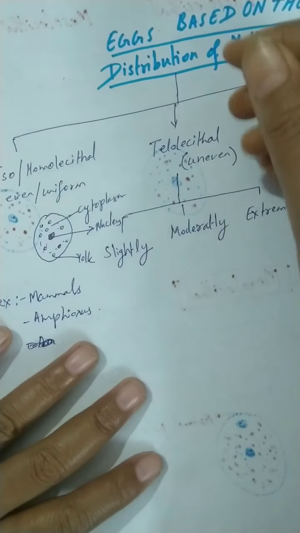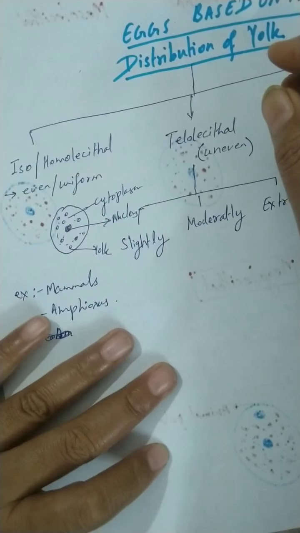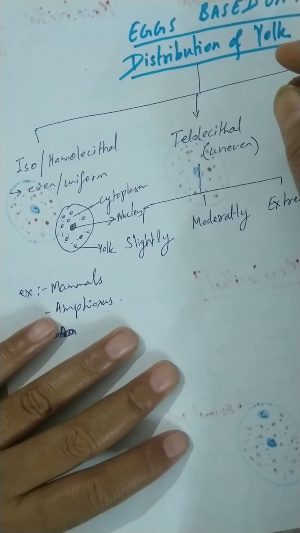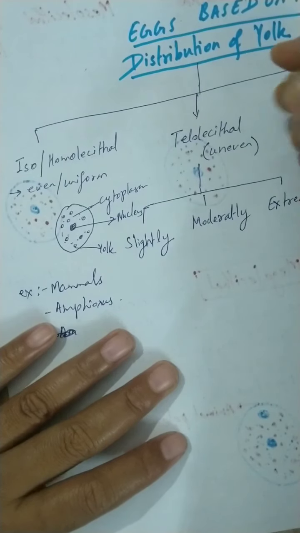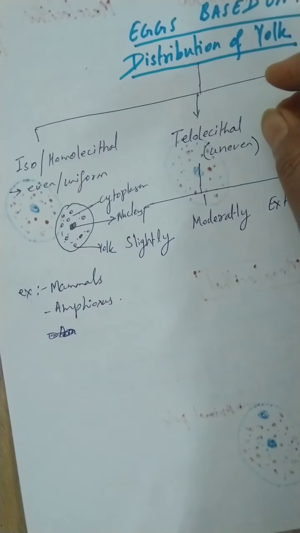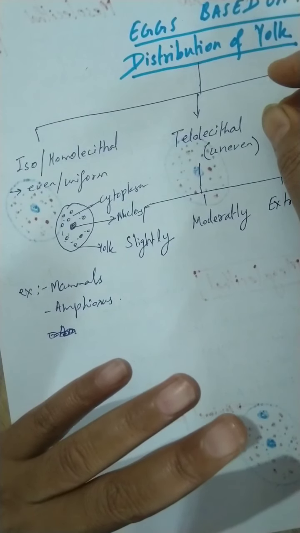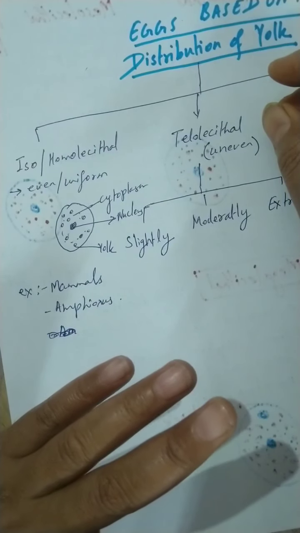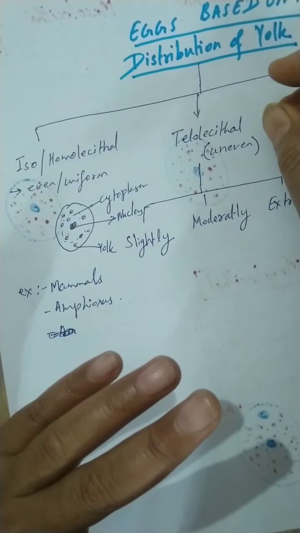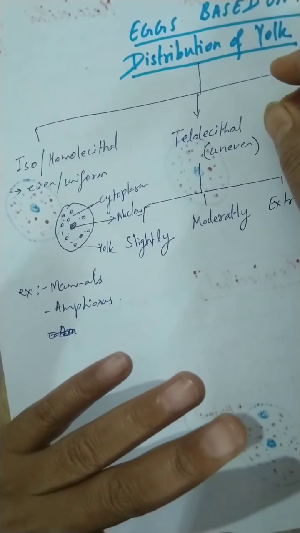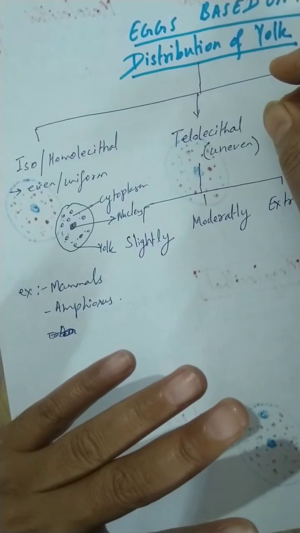These types of eggs have a polarized distribution of yolk in the ooplasm and are found in the mesolecithal and macrolecithal eggs. Meso means a moderate amount of yolk is present, and macro means a large or enormous amount of yolk is present in this type of egg.